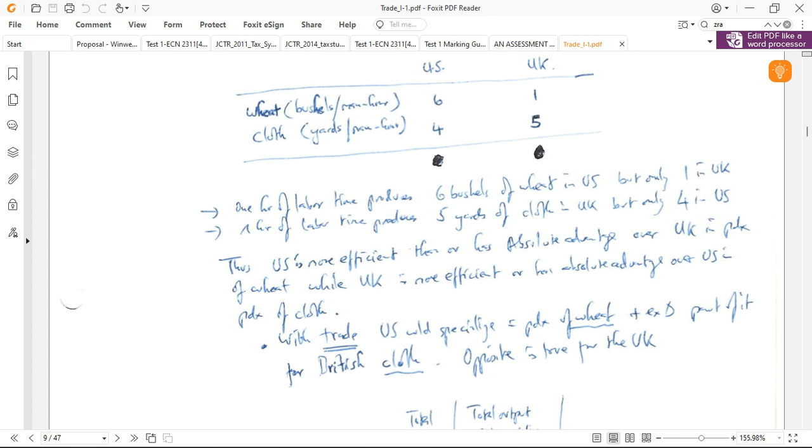Therefore, the US should specialize in the production of wheat, and the UK should specialize in the production of cloth. And when this happens, the US can export to the UK, and the UK can also export cloth to the US. Therefore, trade is going to be mutually beneficial.